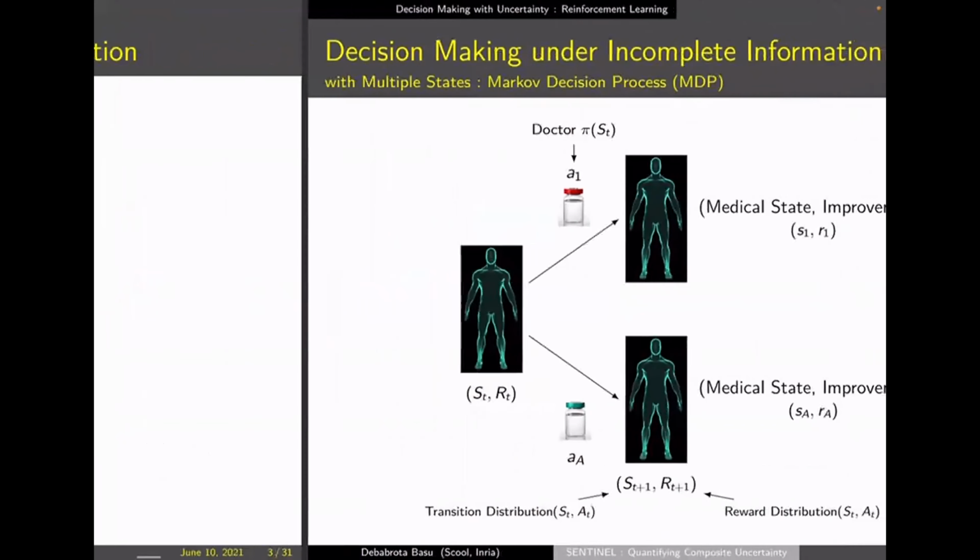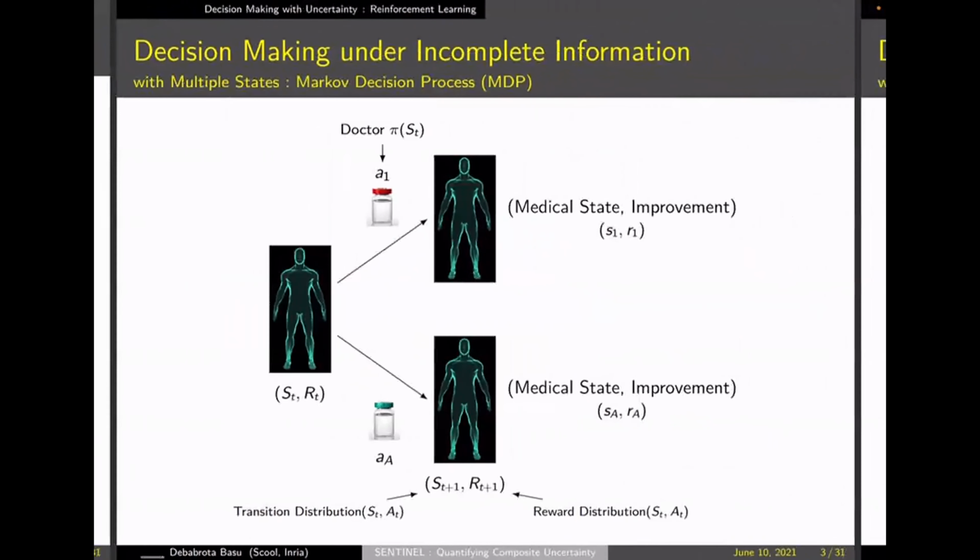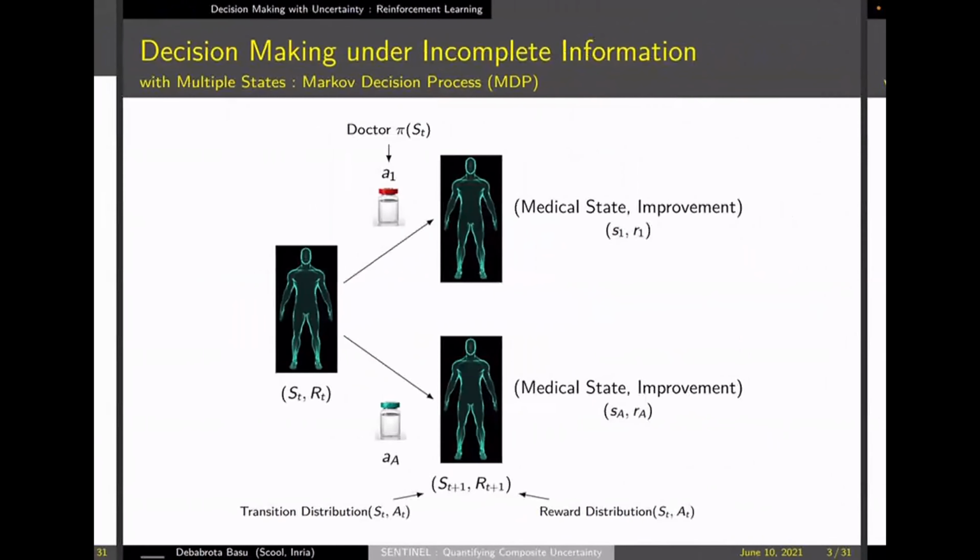Given this medical state of the person, the decision problem for a doctor becomes like this. If there are capital A number of medicines and there is a Dr. Pi, don't mix it up with the movie called Pi, but yeah, Dr. Pi is basically an algorithm that chooses a medicine.